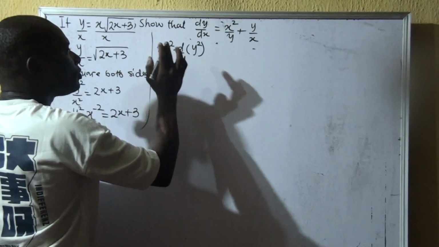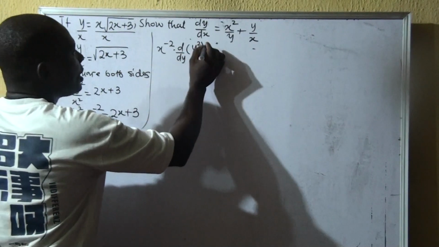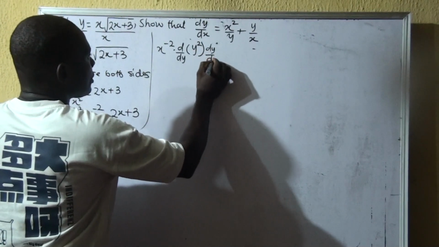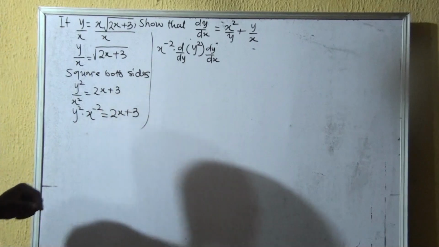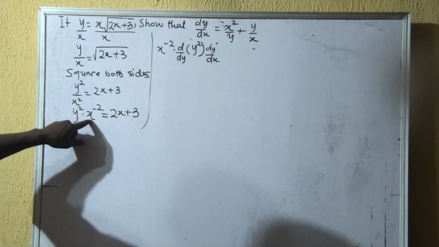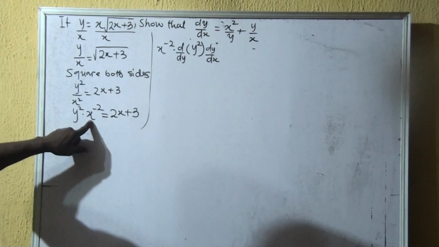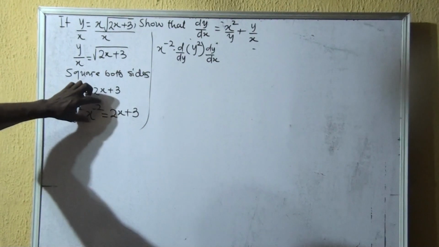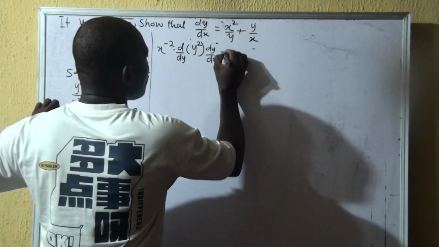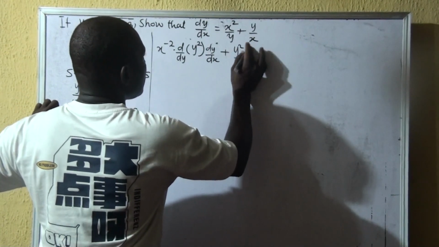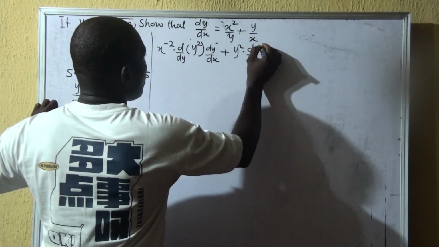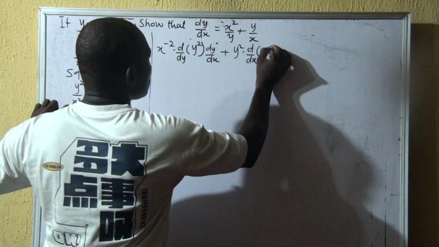Remember, since I'm differentiating with respect to y, we usually multiply with dy/dx. Please don't forget that from implicit differentiation. Now, let's differentiate x here. Once you differentiate x, you multiply with y squared. So this will become y squared times the derivative of x raised to power minus 2.